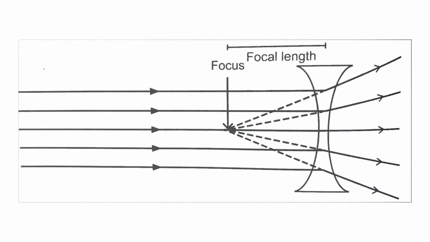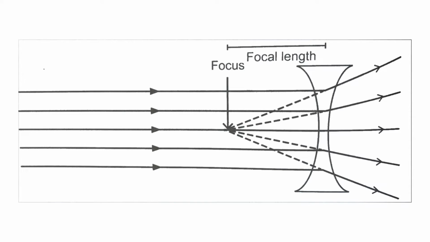The focus of a concave lens for a parallel beam of light is an imaginary point, and the light rays are also imaginary lines, because a concave lens does not have any real focus.